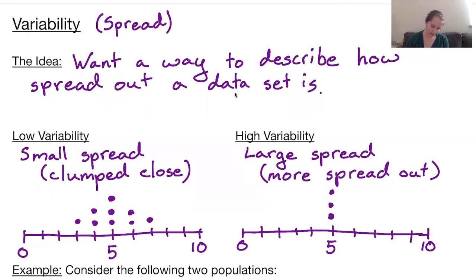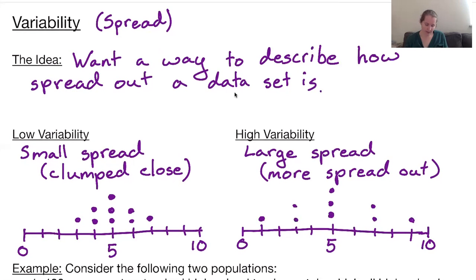And then let's do a couple dots at 3, a couple dots at 7, and a dot at 1, and a dot at 9. So notice here, the data ranges all the way from 1 to 9. And not only that, the whole data set itself is more spread out. So with low variability, the data is clumped closer together. High variability, the data is more spread out.